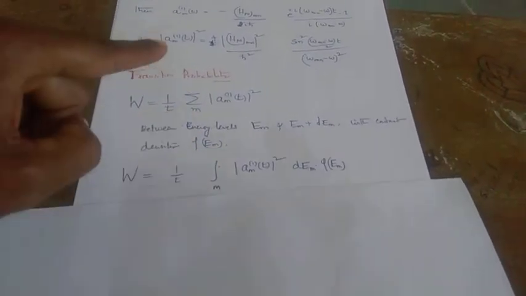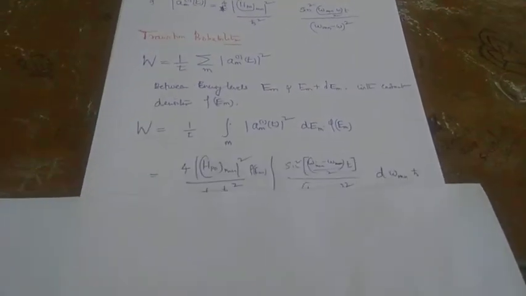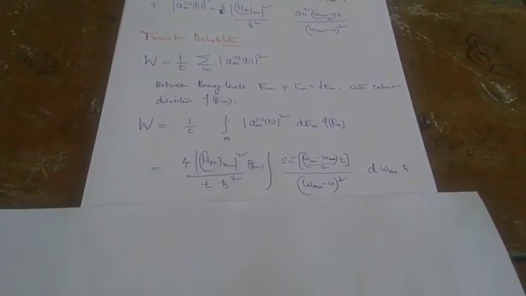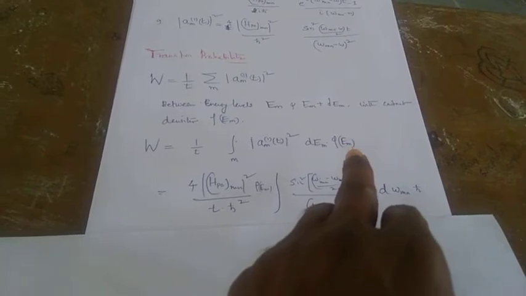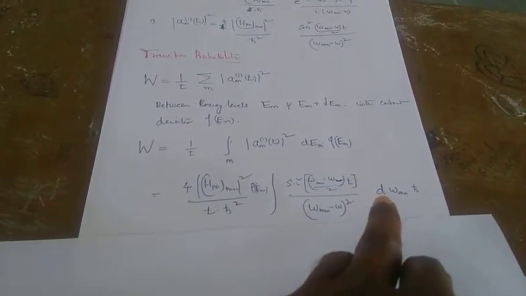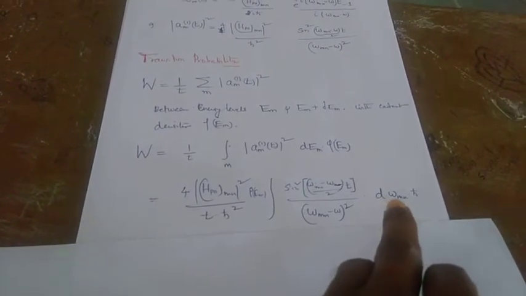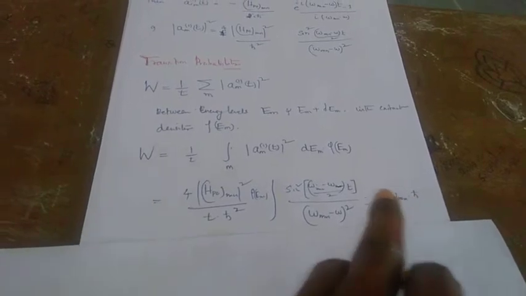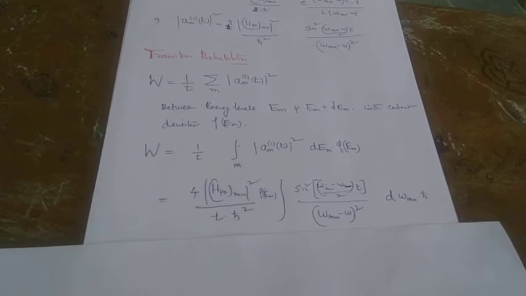But from here, if we substitute for |a_m^(1)|², we'll get this big expression. And if you assume that ρ(E_m) is a slowly varying function, we can take it out of the integral. We can also express this dE as ħ dω_mn.